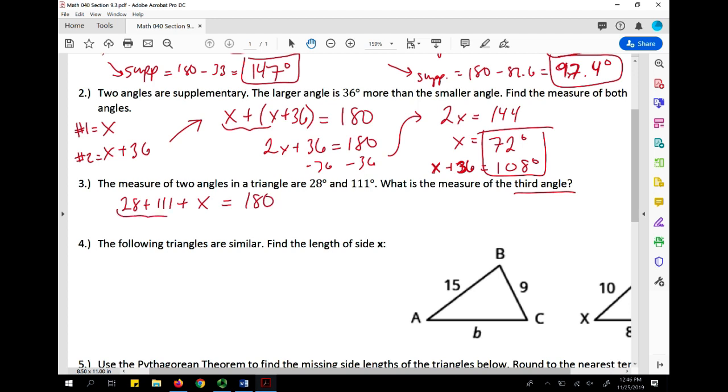So we've already taken up basically, what is that, 139. So then to solve for it, you just take it away, right? And so you should come up with, what's that, 41 degrees?